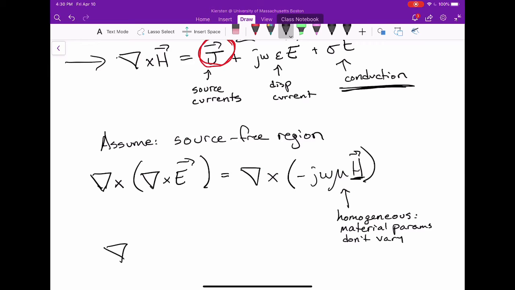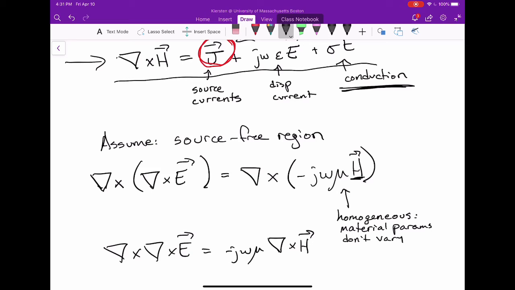So now we have curl of curl of E, and we're going to simplify that in a minute, is equal to minus j omega mu curl of H. Well, look at Ampere's law, which we helpfully have not yet scrolled past. We already have a term that involves curl of H. Curl of H, we can substitute in all of this stuff that depends on E, and then we can eliminate H and have an equation just in terms of the electric field.